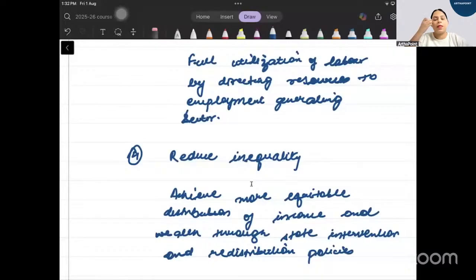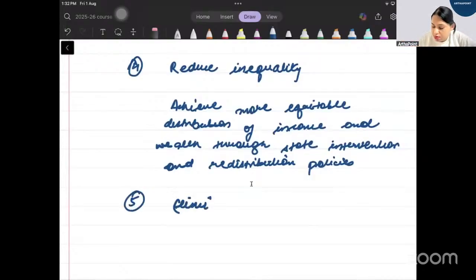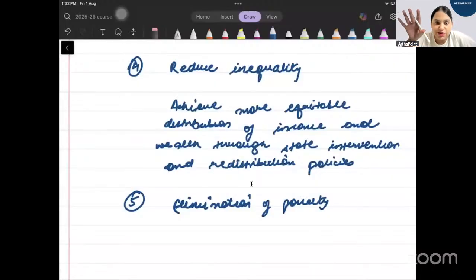Now, not only can you remove inequality, but you can also have elimination of poverty, right? So fifth, elimination of poverty. Just understand now, everything is under the government. The money is completely under the government. So if the money is completely under the government, it can do some state-led development. The government can bring certain programs, right? The government can do things to ensure that the poverty is eliminated, right?